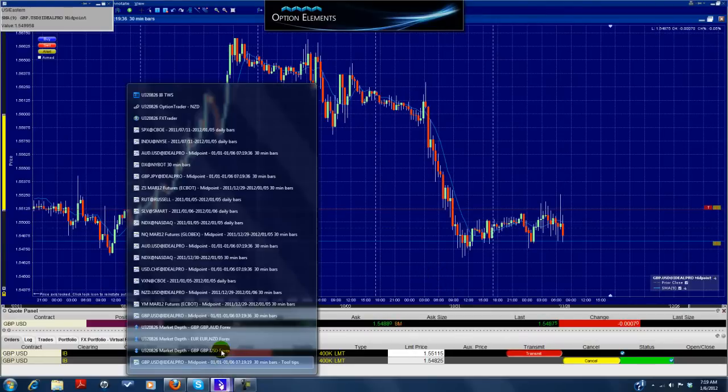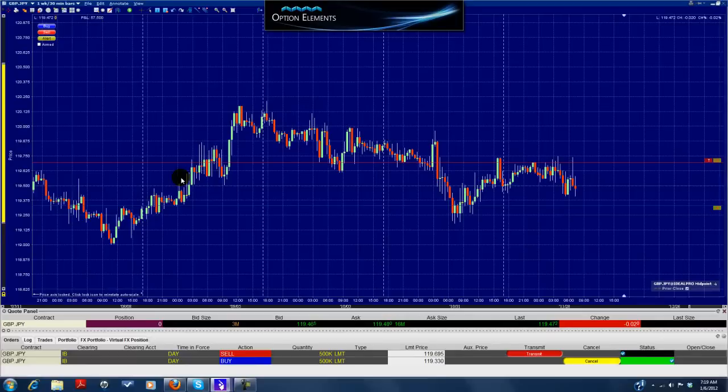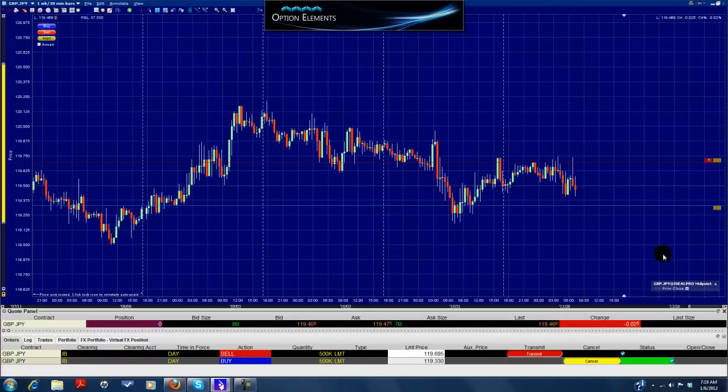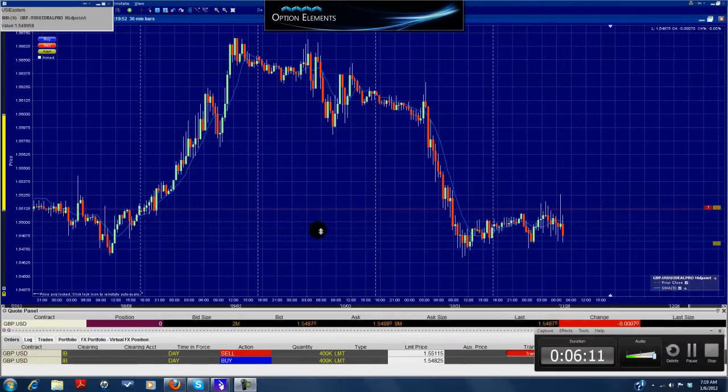Go back, check our yen. Here's our buy order here, and we're not close there either. So close that. That's all I've got going on right at the moment, so I'll go ahead and pause and pick up the action when we get closer to an order being filled.